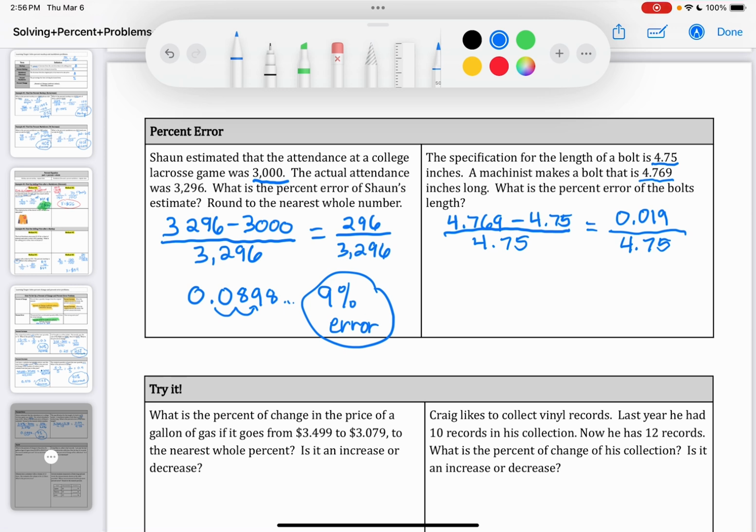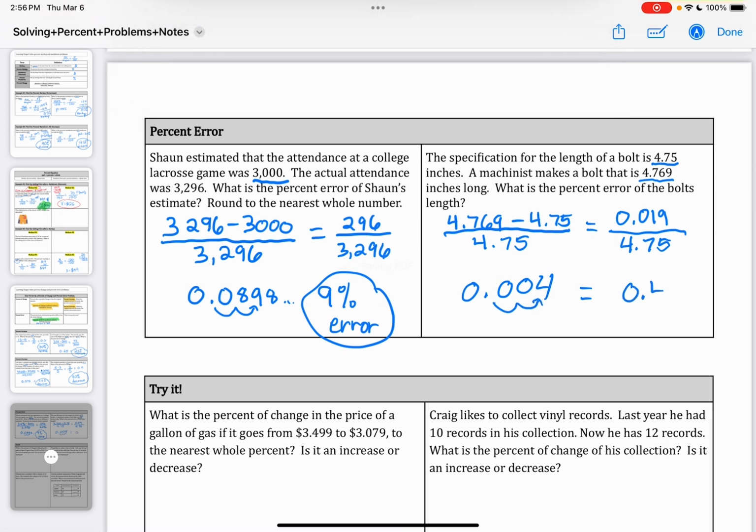So I'm going to do 0.019 divided by 4.75, and I get 0.004, which, let's make that a percent. 0.4%.